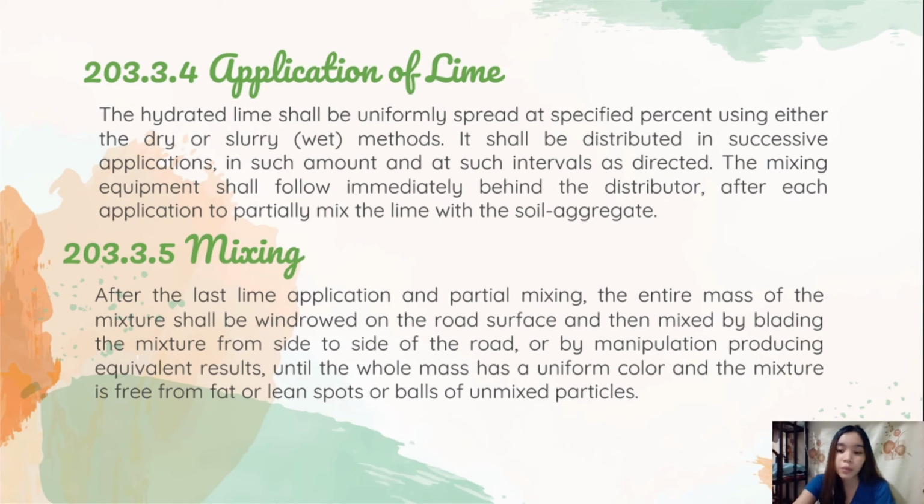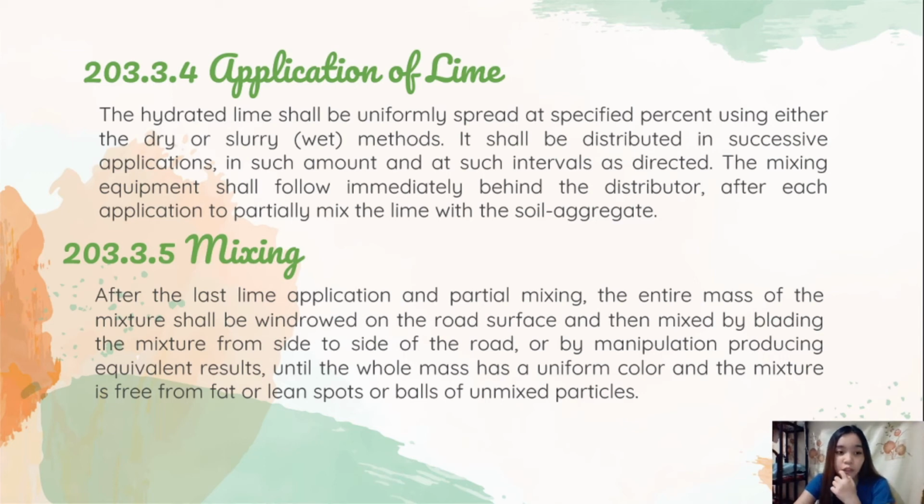Then the actual mixing proportions shall depend upon the percent of lime, specified type of soil, and its moisture condition. Then the slurry is distributed by one or more passes over a measured area until the specified percentage is obtained. And to prevent runoff and consequent non-uniformity of lime distribution, the slurry is mixed in immediately after each spreading pass.